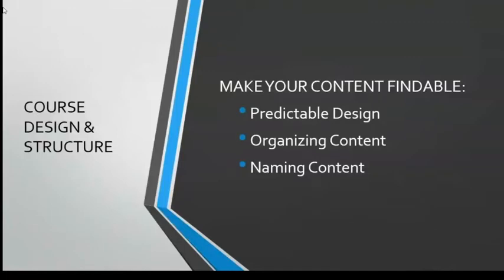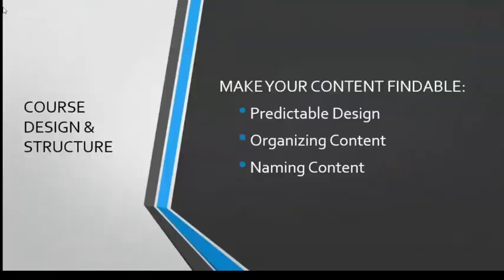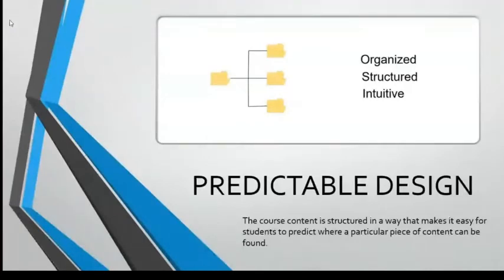So what we want to do is we want to make the content that we upload for our students findable. And that involves an approach which is the predictable design approach, where we organize and name the content appropriately. So let's have a look at what predictable design is. Predictable design involves an organized, structured, and intuitive approach.